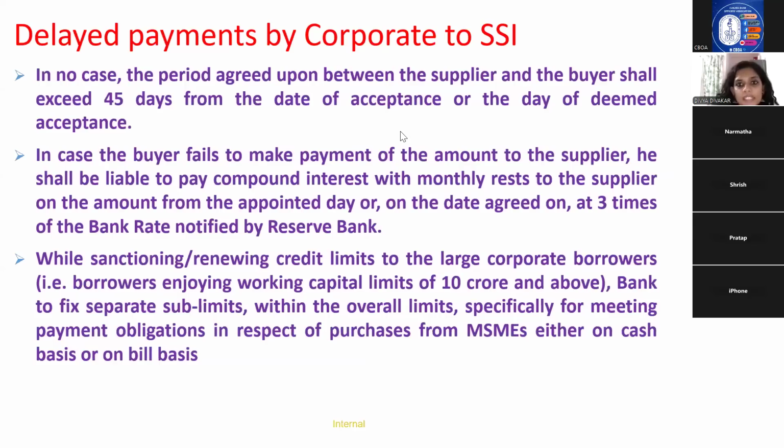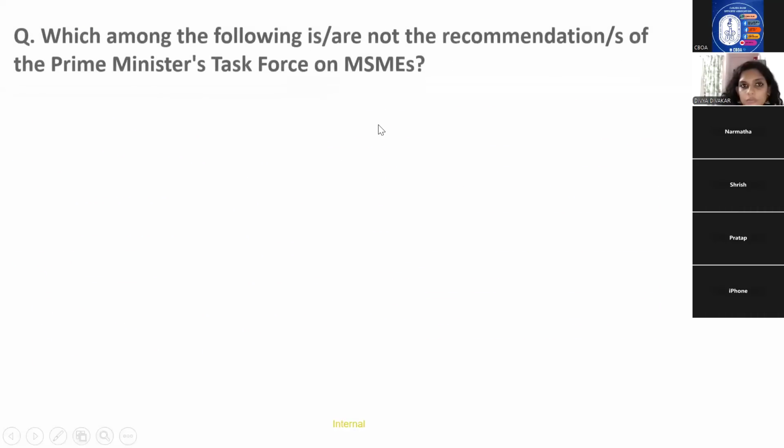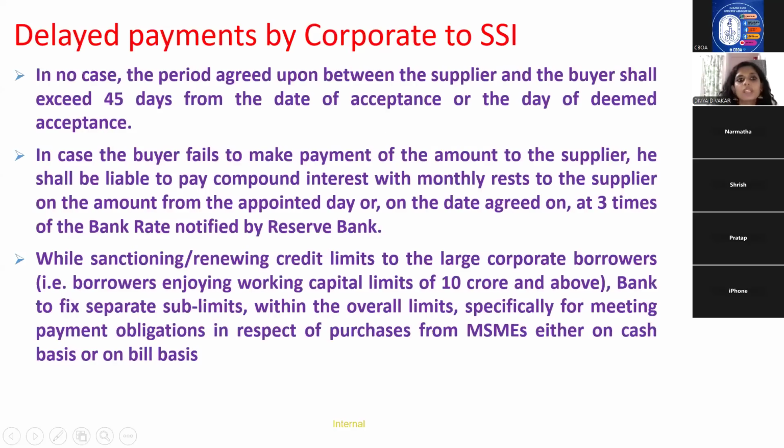Okay, so if any buyer fails to make any payment to the SSI, small scale industries, for the delay they are supposed to pay interest, and that interest will be compounded at 3 times the bank rate.